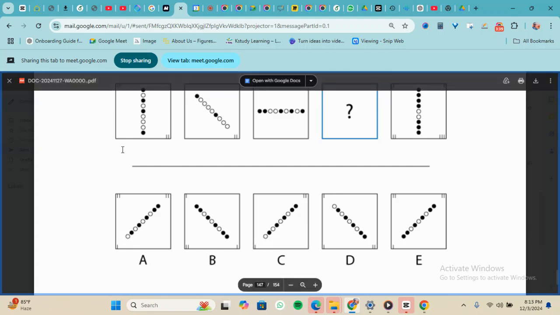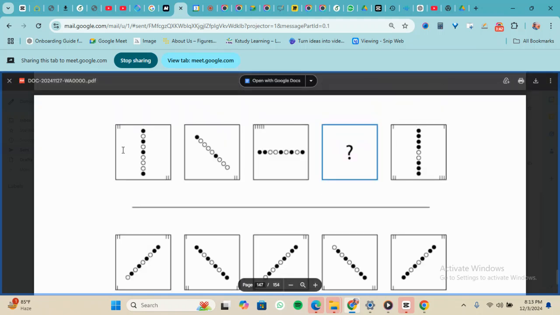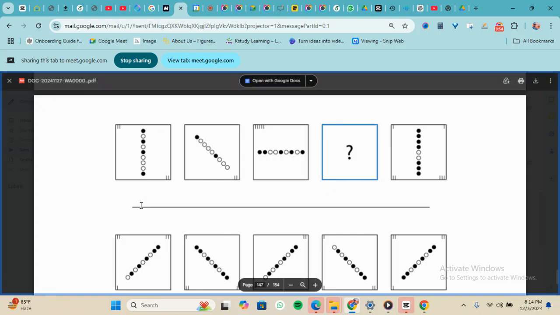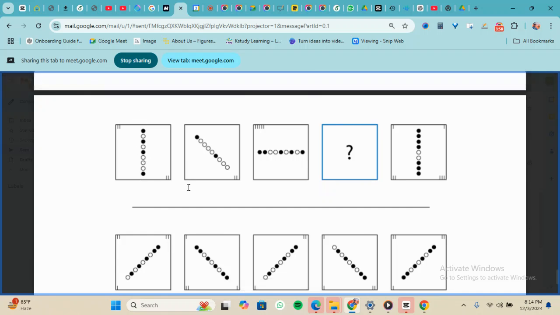Let me scroll up a little bit. I don't know why this is just too fast. I believe you can still see this, right? The only thing I can decode from here is that these small circles that I have here are on a straight line. In the second box, it is not straight, it's in slant form.